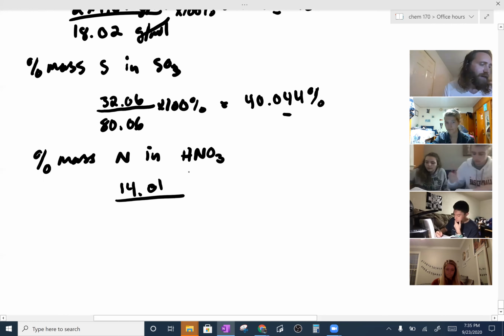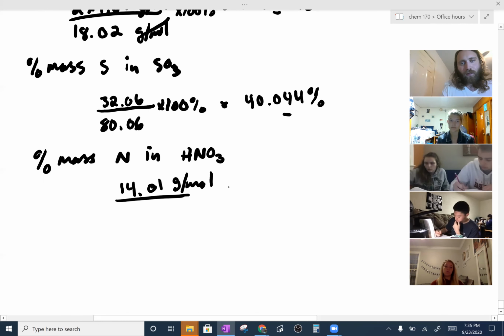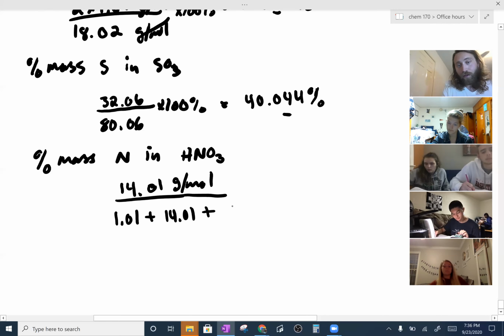And then we're going to divide that by the total molecular weight of HNO3. H would be 1.01 grams per mole, plus N would be 14.01 grams per mole, plus O3 would be 3 times 16.00.